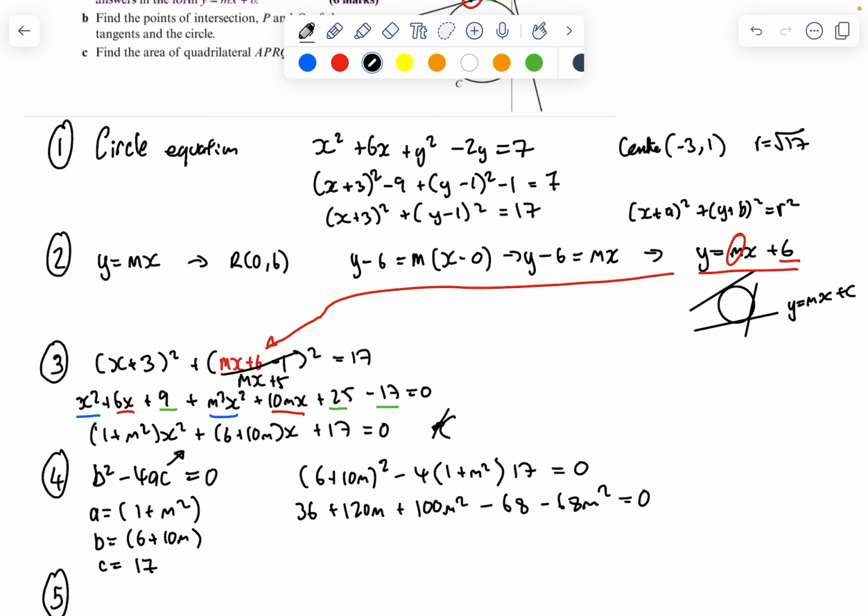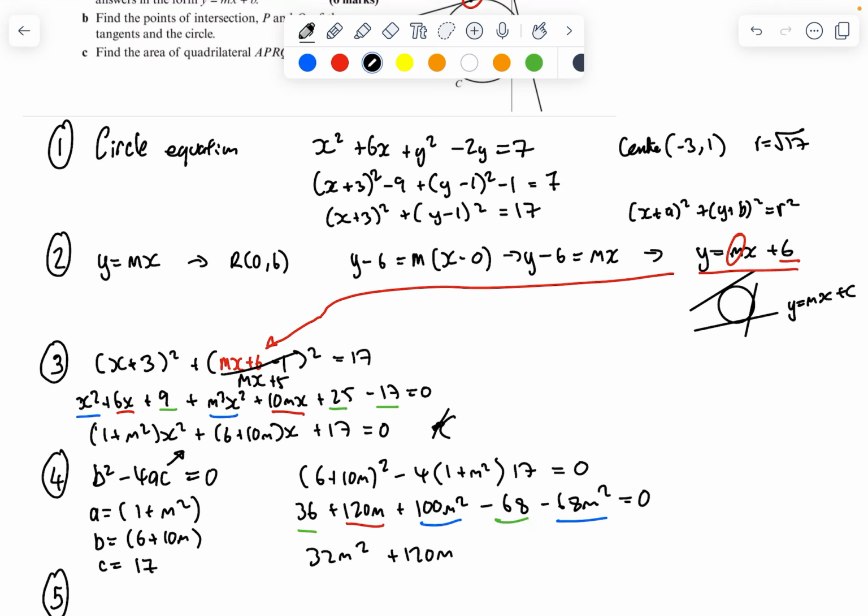Right, and then we collect the like terms. So I've got 100m squared, take away 68m squared, which leaves me with 32m squared. I've got 120m, so that's just 120m. And then I've got 36, take away 68.